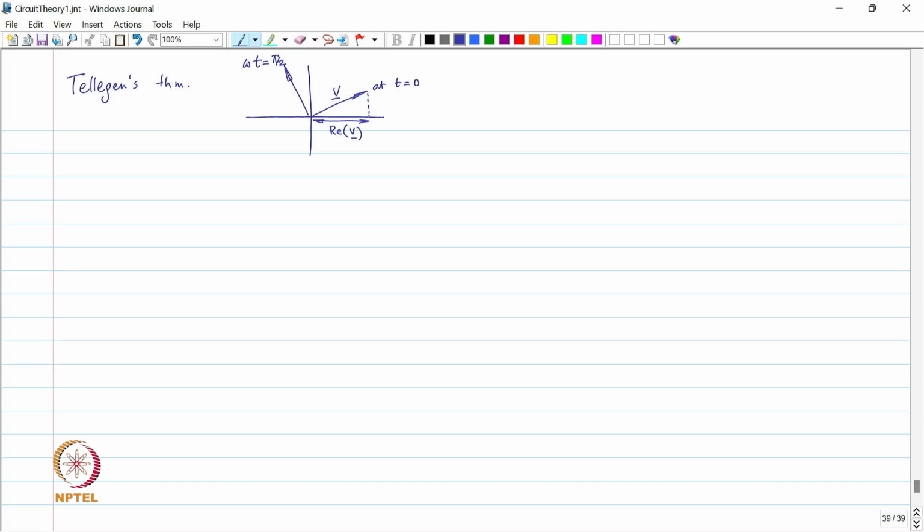What is the actual voltage when omega t is equal to pi by 2? The actual voltage is always the real part.